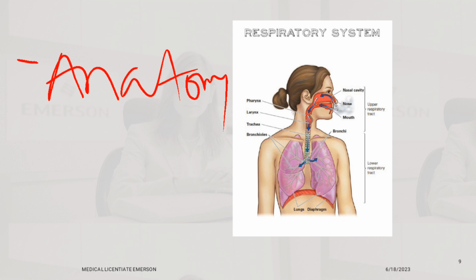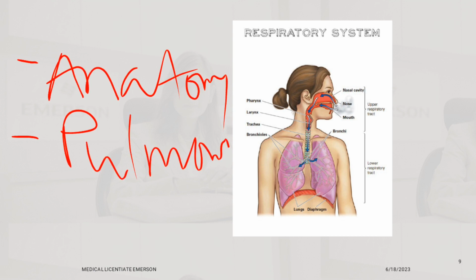Okay, so in the respiratory system, there are some pulmonary terminologies you have to be familiar with, since we talked of increase in tidal volume. So tidal volume is just air going in and out of the lungs at rest.